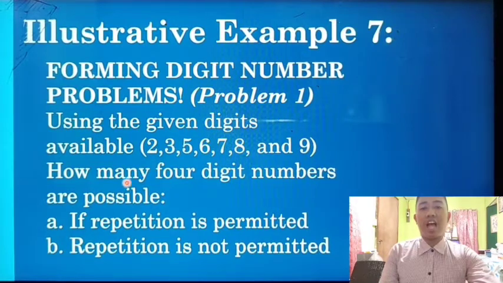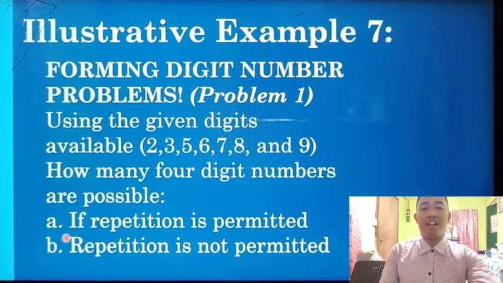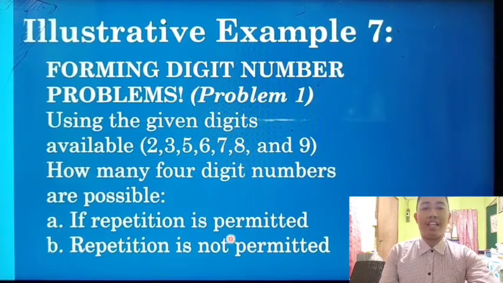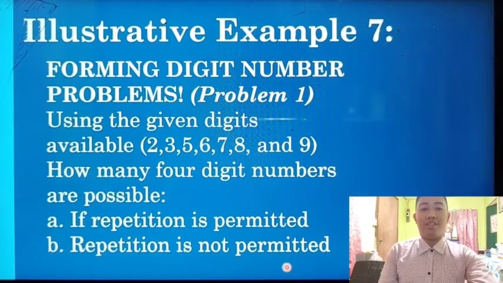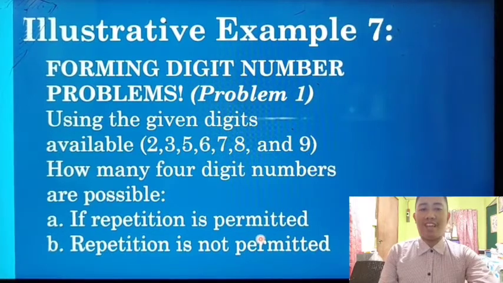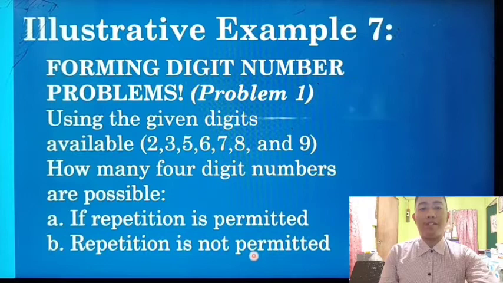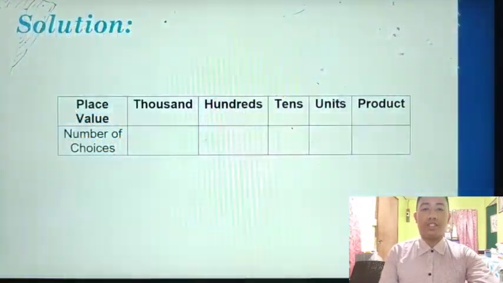The question is, how many 4-digit numbers are possible if letter A, repetition is permitted, and letter B, repetition is not permitted? So we use the terminology, the word permitted, which is allowable. So to solve this set of problems, let us present some of these solutions.